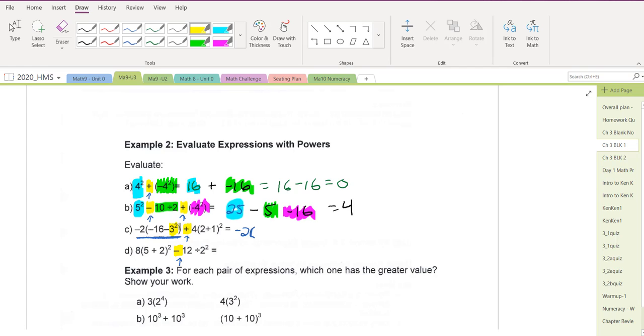So that becomes -16 minus 9. Then I'm going to write that plus sign in, and I'm going to continue on. That's the plus that I had highlighted.